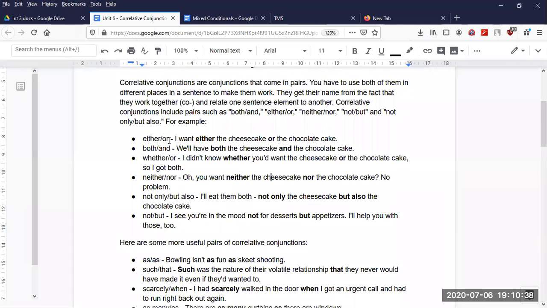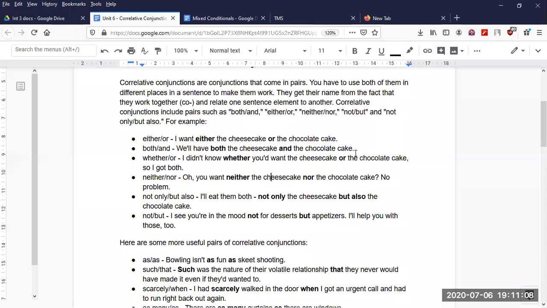So either or. It's your choice. So I want either the cheesecake or the chocolate cake. So for example, you go to a restaurant, you have a dessert. You want this one, the cheesecake, or you want this one, the chocolate cake. You have a choice of two.